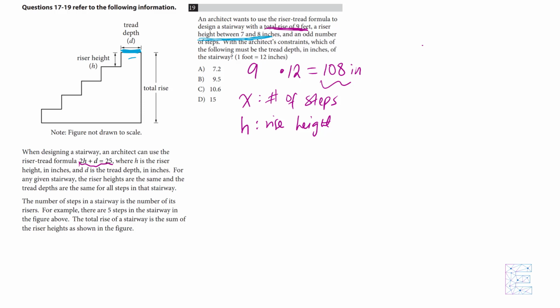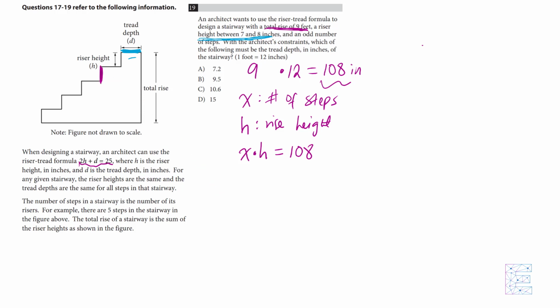All right. With that said, let's think about this. If we have x steps and you multiply that by the height of each rise, we would get the total rise of 108 inches. So once again, let me repeat that. If you have the riser height, like this part right here, I'm looking at the diagram.